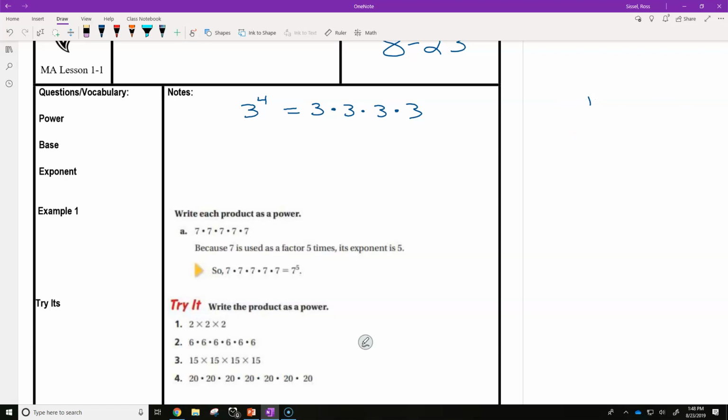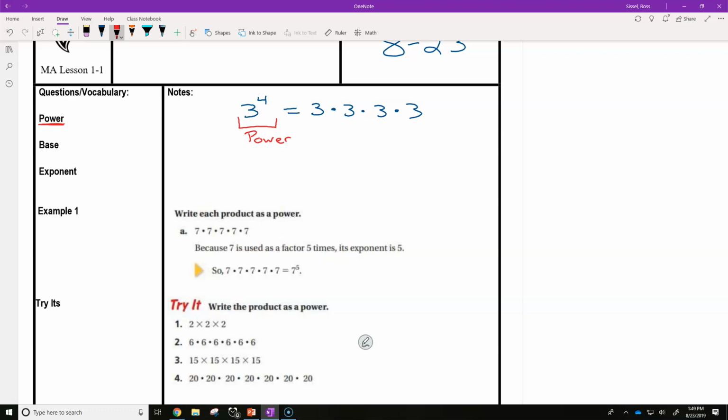Okay, so we have this up here. First thing I'm going to do is we have 3 vocabulary words that are very important to us: power, base, and exponent. So, power. 3 to the 4th power, that is what we call our power.